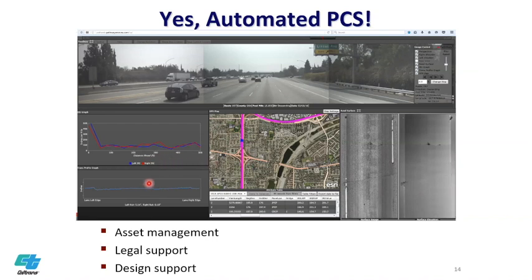So starting from 2019, we have full coverage statewide of the state-owned pavement. We have about 50,000 lane miles, and if you add another 10,000 for the ramps and connectors, we total about 60,000 lane miles. That's a lot of pavement.